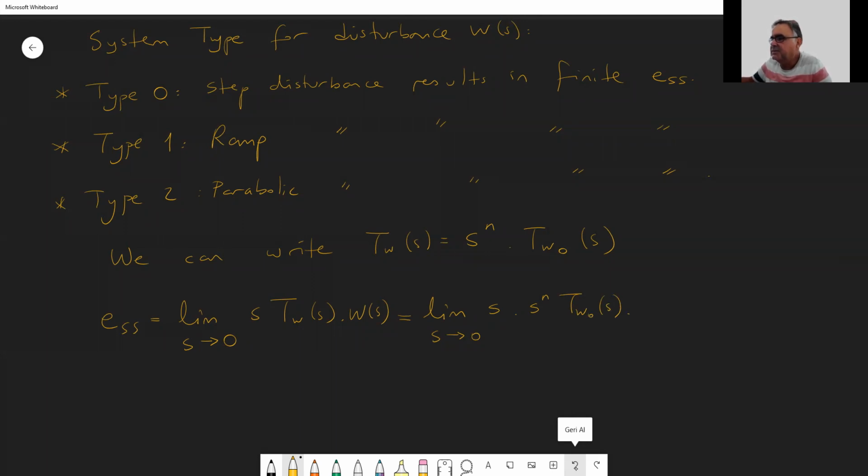Now, W of S, depending on whatever polynomial you have, is 1 over S to the K plus 1, as you might remember. So this S and this 1 cancel, and what you have is limit S goes to 0 of S to the N divided by S to the K times TW0. We want this ESS to be 0, as you might remember.